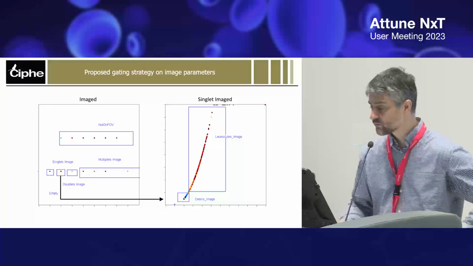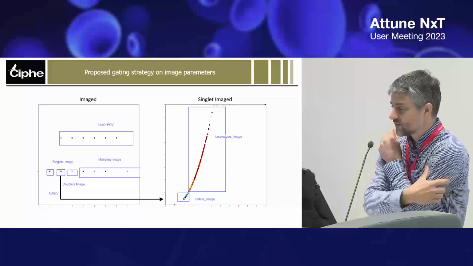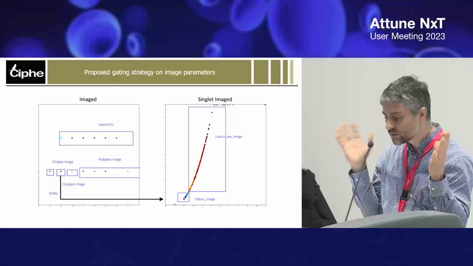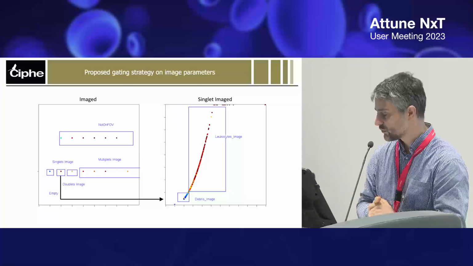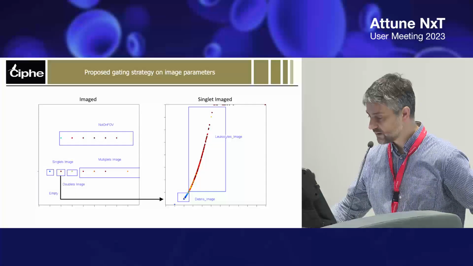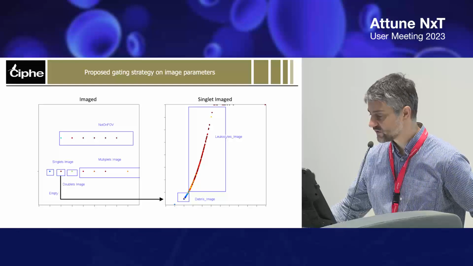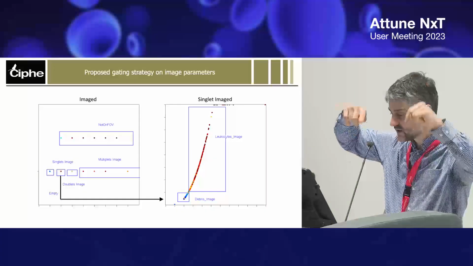Then I went through my proposed gating strategy to analyze the parameters, but the question was, how could we look at this maybe faster? So I proposed this. Here, what you have is what is not in the field of view, so the ones on the edges.